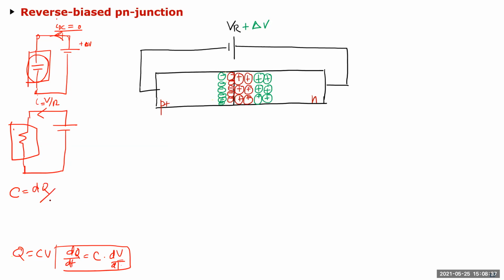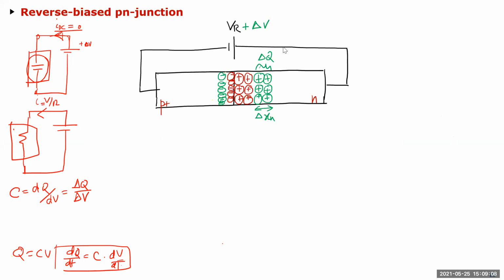So this is dq by dv, or in other words, I want to find out how much charge got sucked in when I change this voltage by delta V. That's exactly the principle we are going to use to calculate the reverse bias capacitance. Because what happens in reverse bias is it actually looks like a capacitance. As I said, I apply a delta V and I see some delta Q charge build up.